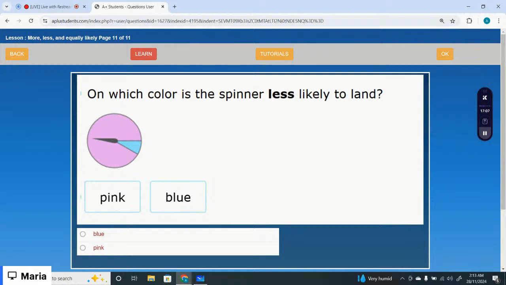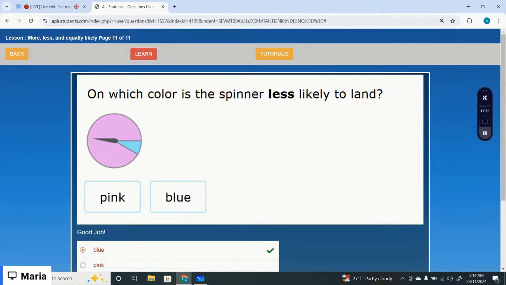On which color is the spinner less likely to land? It will be less likely to land on blue. Option number 1 is the correct option.